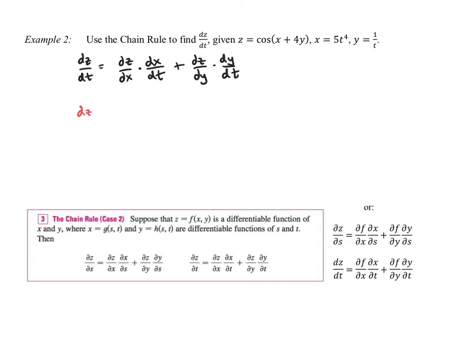So dz dt is equal to the derivative of z with respect to x, which will be negative sine of x plus 4y. And then we're going to multiply by the derivative of x with respect to t, which is going to be 20t cubed. And then we have dz dy, which is going to be negative sine of x plus 4y.